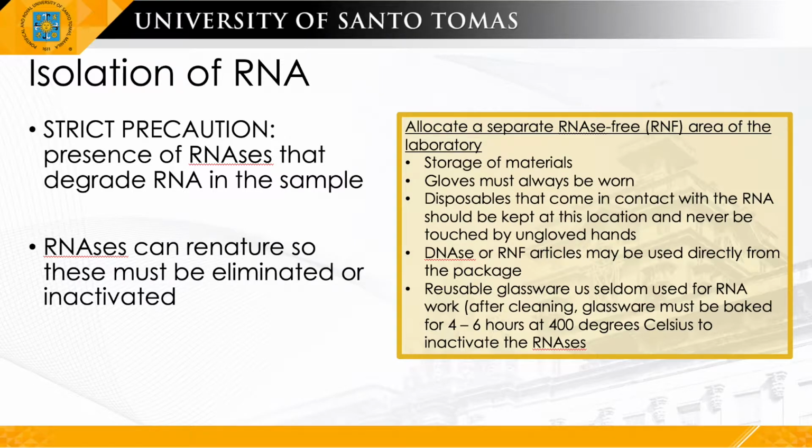RNases can renature, so these must be eliminated or inactivated. They remain active at a wide range of temperatures, even below -20 degrees Celsius, and can renature even after heating. Therefore, they need to be eliminated and inactivated.